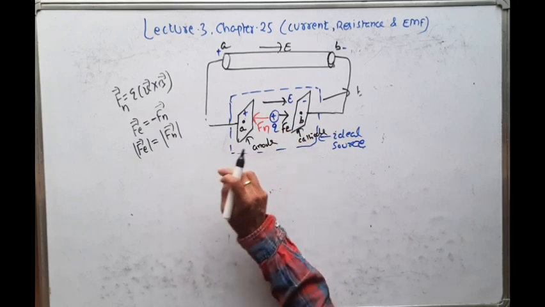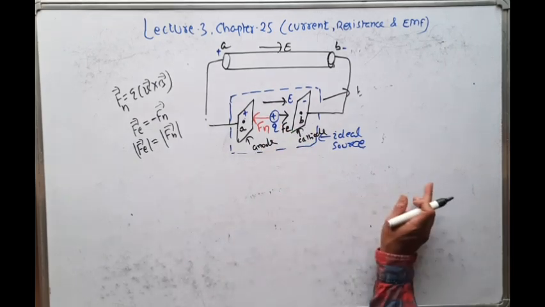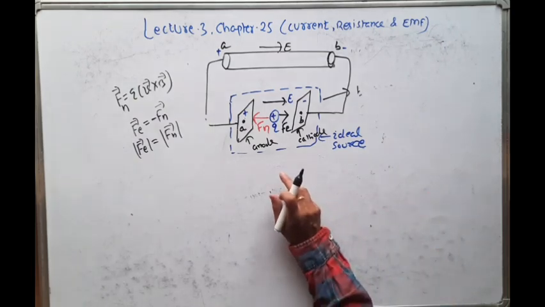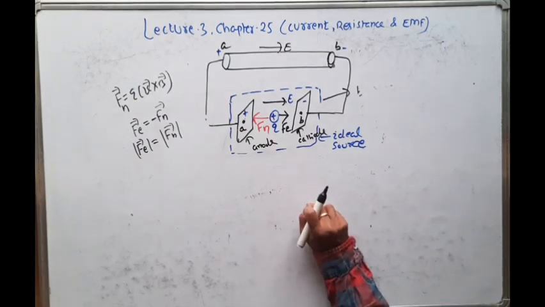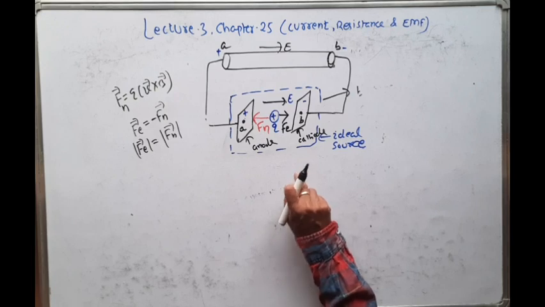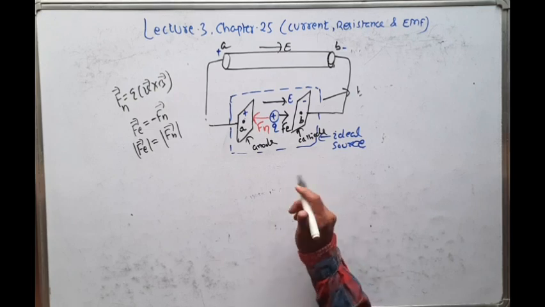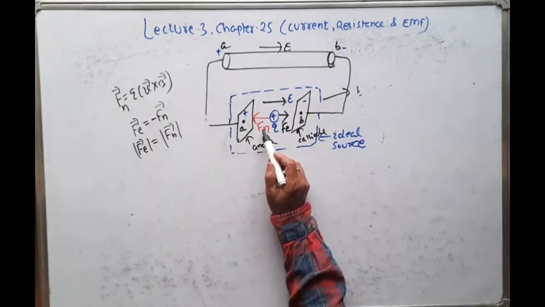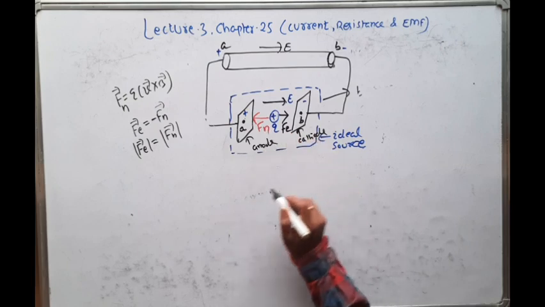Just like water comes from container A to container B, as I explained, due to gravitational force, like the electric field, the force due to electric field. And the same water is lifted from the lower level to the higher level due to the pump. So that pump provides which force? Non-electrostatic force. So the net work done during the loop is equal to 0.